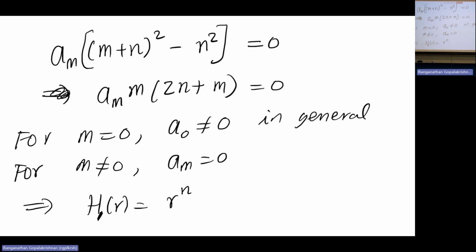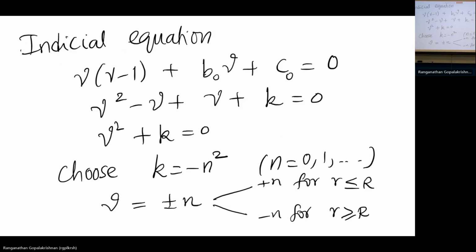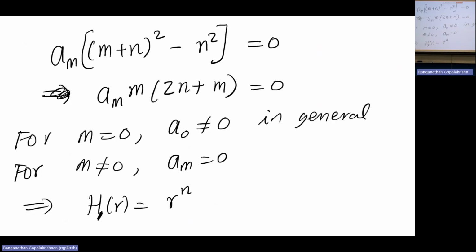For r greater than the radius of the circle, this won't work. It can only work if it is within the circle or r remains finite value. That's why later I wrote plus n works if radius is bounded by the circle and other way. Okay, so you have one solution h1, which is r power n.